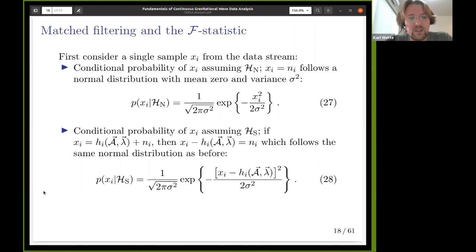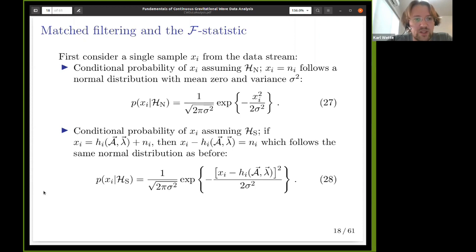Now the second probability we want to write down is for the signal hypothesis. If the data is composed of some signal plus some noise, and we take our data stream x_i and subtract off our assumed signal h_i, then we're left with the noise again. The assumption is the noise will then follow the same noise distribution as before.